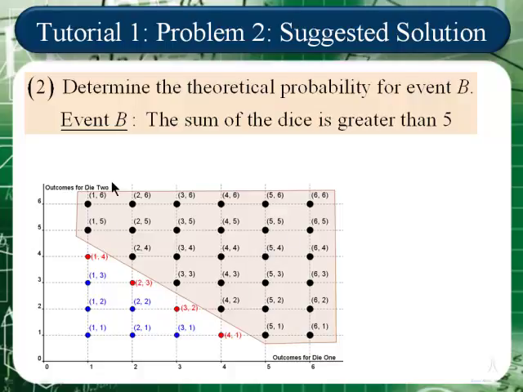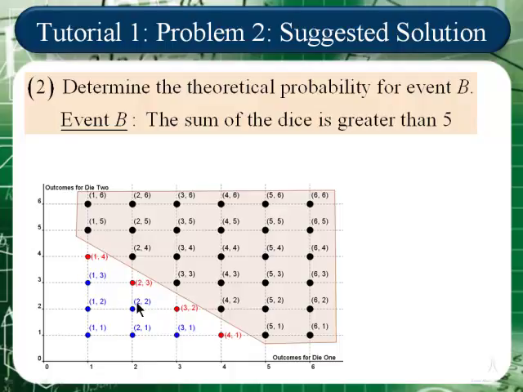So how many outcomes are there in event B? In other words, what is the cardinal number of event B? It is much easier to count the outcomes where the sum is smaller than or equal to 5, and that gives me 4 plus 3 plus 2 plus 1.